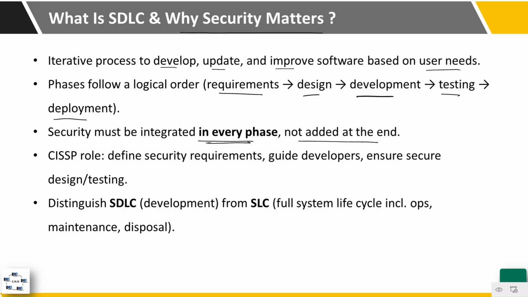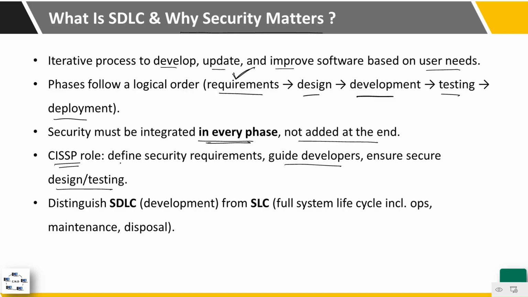Security should be included from the very start, that is during requirement gathering, and must be included in all subsequent phases. So the CISSP role in SDLC is to define security requirements, guide developers, and ensure secure design and testing.